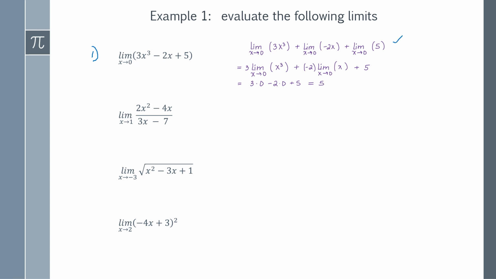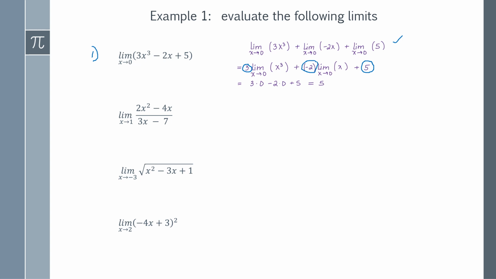And then on the second step, I took out 3, pulled it up front, and also -2 for the second expression. And then the limit of a constant is just that constant. So that's one of the basic rules we've discussed early in the lecture.